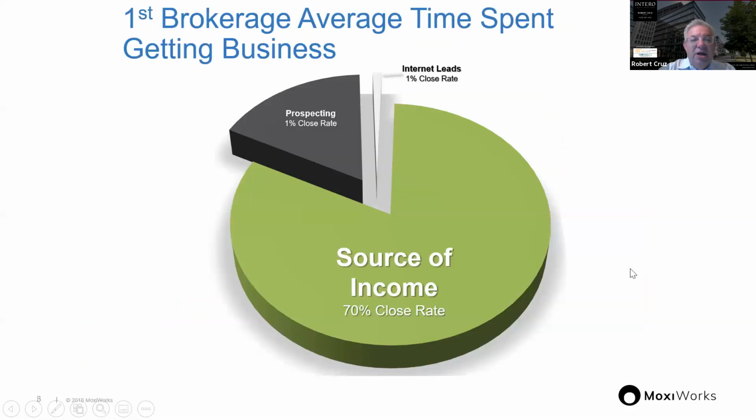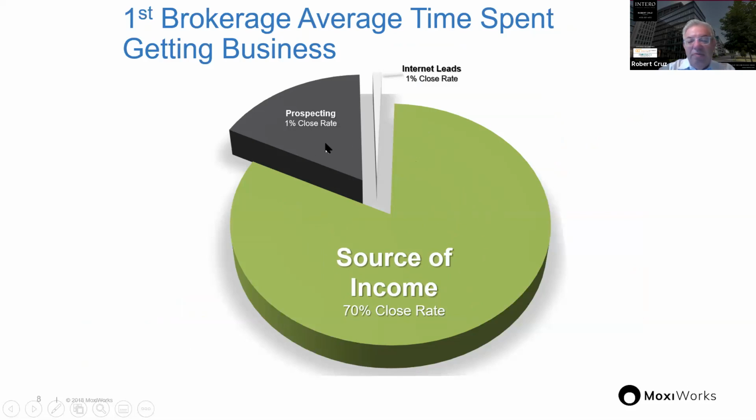All right, so average time spent getting business, this is where you should focus. Your source of income, your sphere of influence. What we did last week is we talked about building your database and how important your sphere and your past clients were to that. And you're always adding, you're always prospecting, because you want to get these into your pipeline so that they eventually become this, okay?